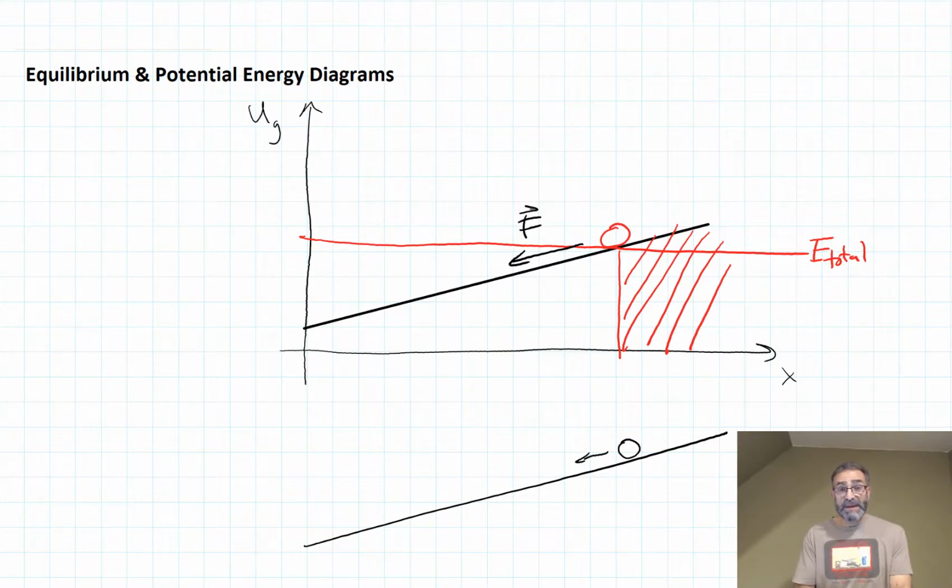And the force would depend not on where the object was, whether it starts out here, or whether we released it from higher up, or whether we released it from lower down. The force depends not on where we released it, not on the height. It depends on the slope of the line. And here, the force would be the same everywhere because it's a straight line.